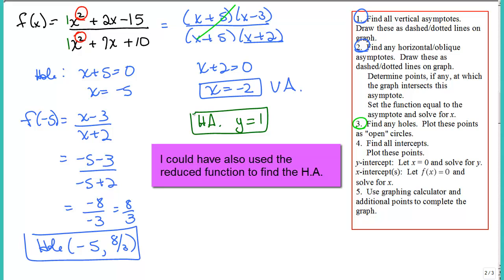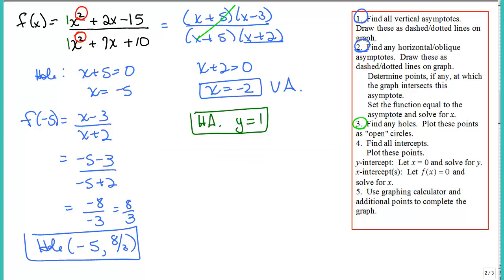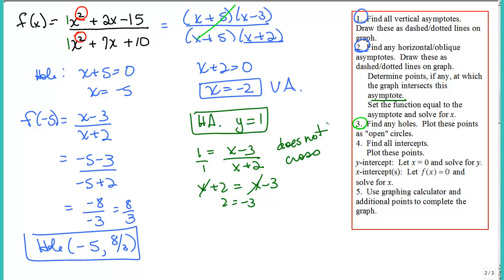And I want to know, does the graph intersect this asymptote? How do I do that? I set the reduced function equal to that y value. So again, I'm just going to cross multiply, solve for x, and notice I don't get a value for x, so that tells me it does not cross that horizontal asymptote.